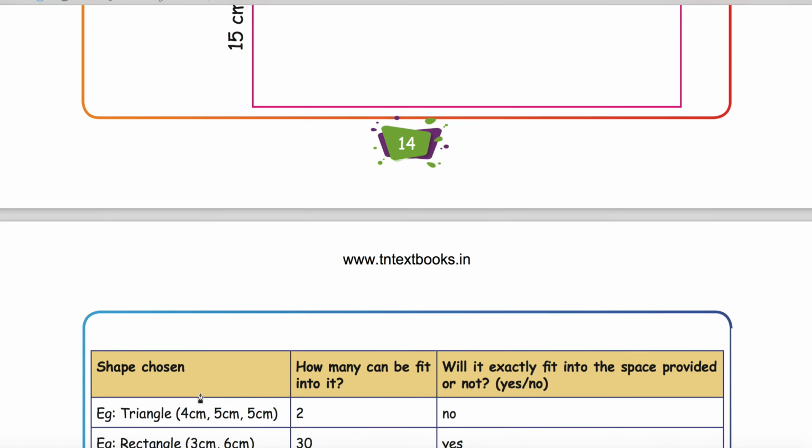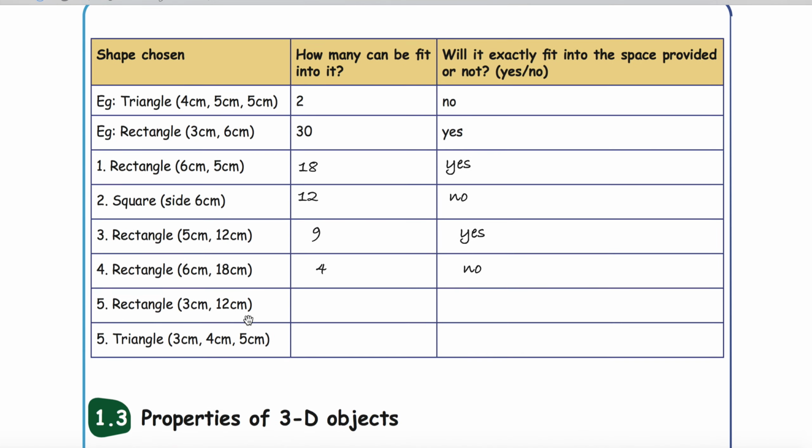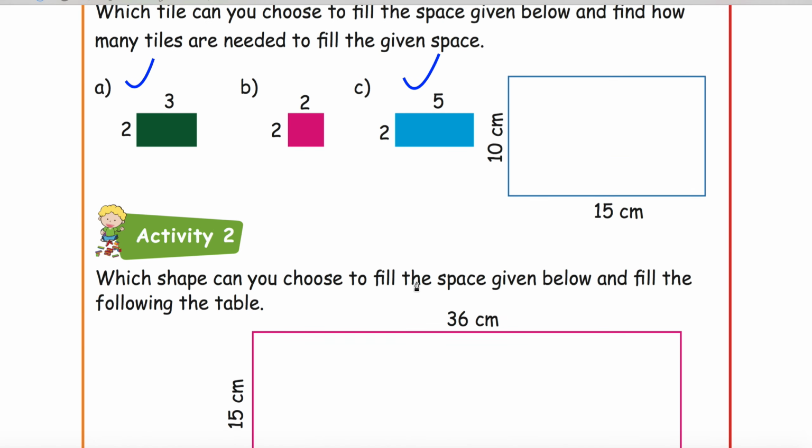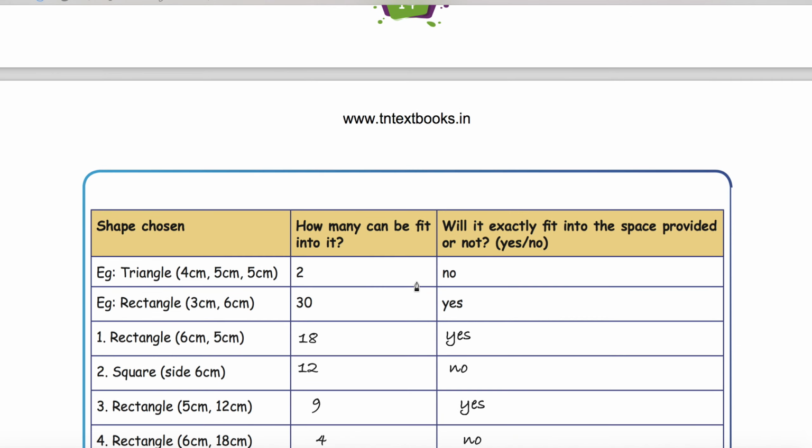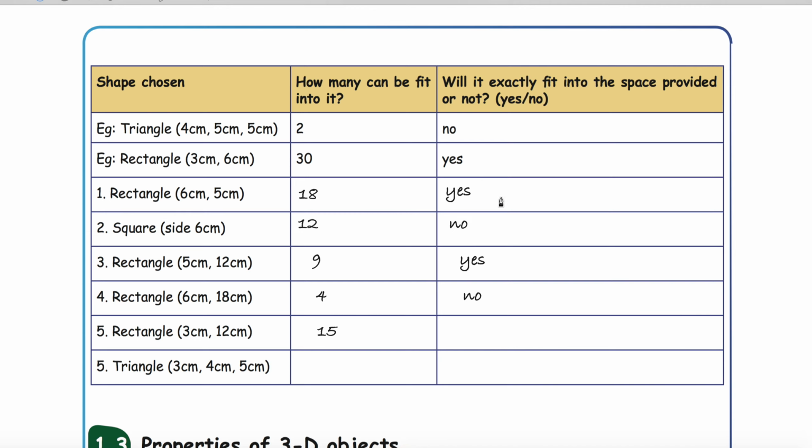Oh, this is 5, 3 cm is 5, 5 by 3 is 15, so this one is 15. Okay, yes, it entirely covers the space, no problem.